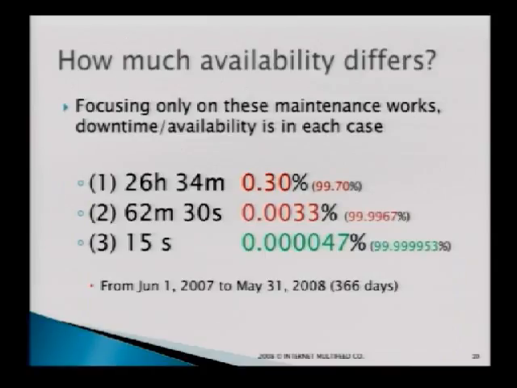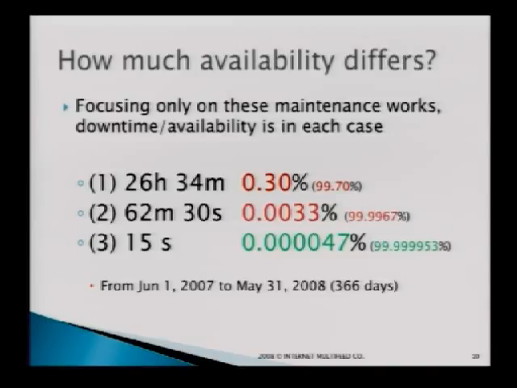So how much does the availability differ? Focusing on this maintenance work, in the first case, if we had neither the redundant network nor optical switches, the downtime is approximately 26 hours. The downtime ratio is 0.30%, so the availability is 99.7%. But if we had a redundant network, the downtime would be 16 minutes.